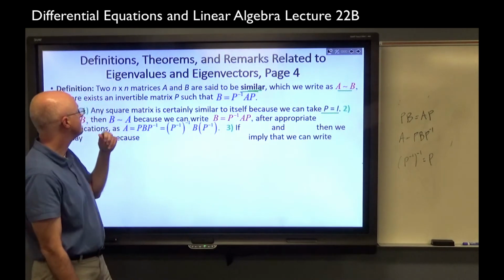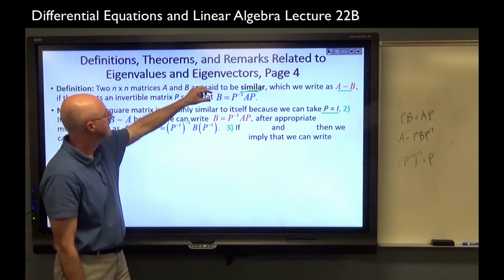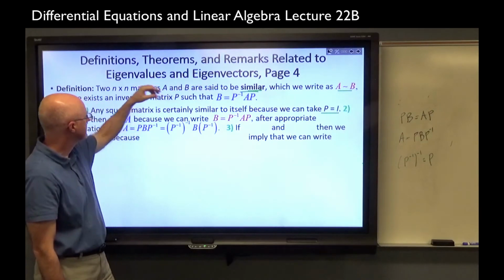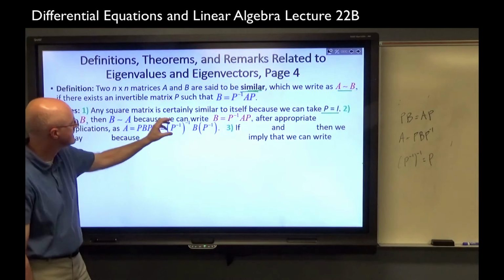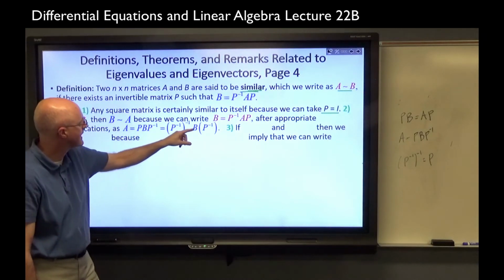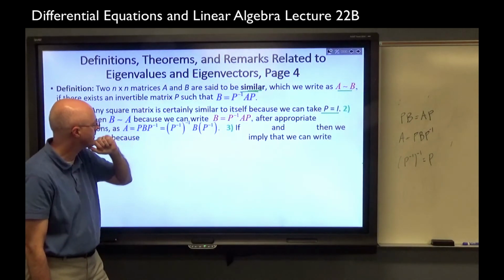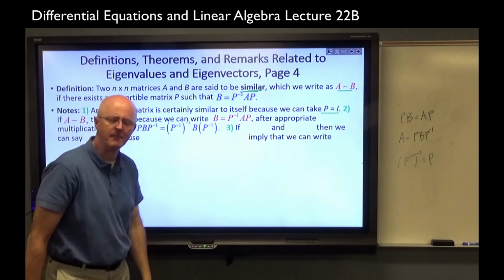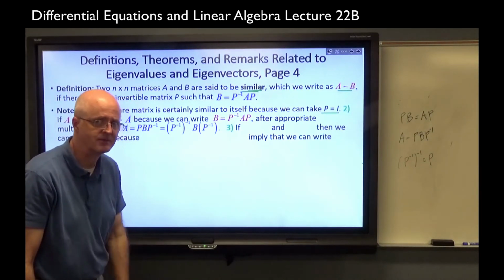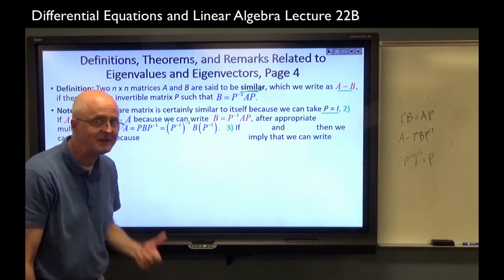That is matching this definition of A being similar to B. We're saying B is similar to A here because A is the inverse of some invertible matrix times B times that invertible matrix itself. By the way, here A and B themselves don't have to be invertible, but P does have to be invertible.